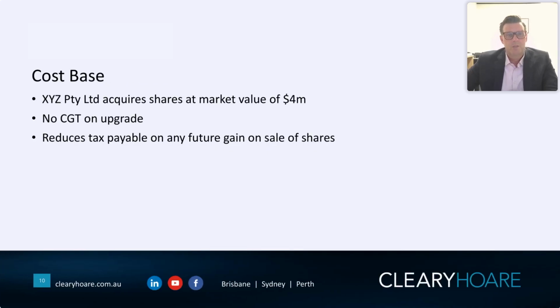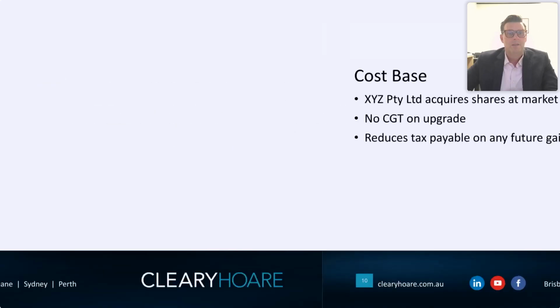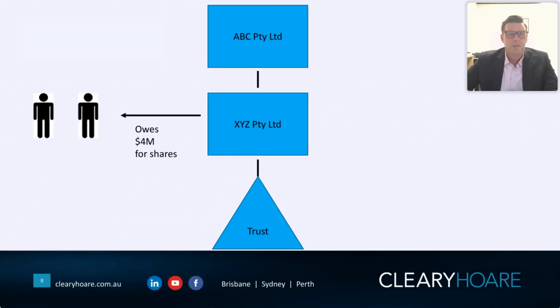If we think about the cost base for CGT purposes of the shares, XYZ has acquired them at today's market value of $4 million. We've locked in our CGT concessions now. If there's a future sale of the shares from XYZ, and say we sell them for $4 million, just to use that as the figure, there'll be no further tax paid on that transaction, and the $4 million will come into XYZ.